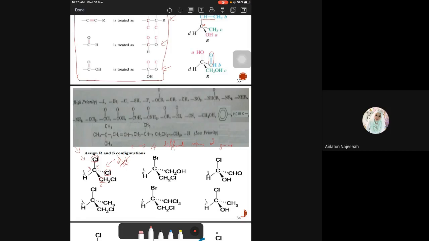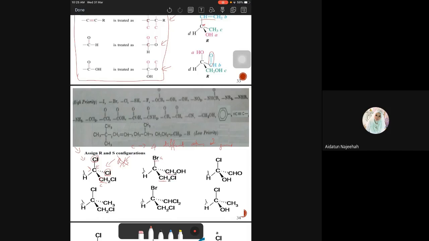Then for the second one, identify the atoms that are attached to the carbon. You have C, C, and Br. From this, Br will have higher priority, so this will be A according to the atomic number. And then between these two carbons, CH2, CH2, the same.